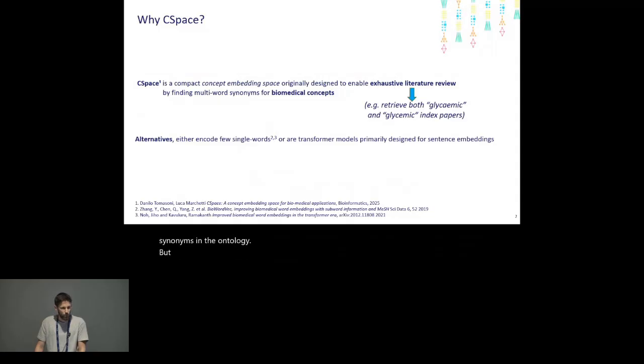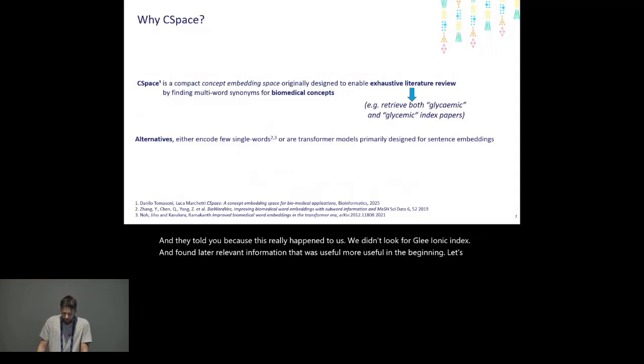But you may not know, in this specific context, that there is a widely unknown synonym of glycemic index, that is glycaemic index. And I tell you because this really happened to us. We didn't look for glycaemic index and found relevant information later that would have been more useful in the beginning, let's say.